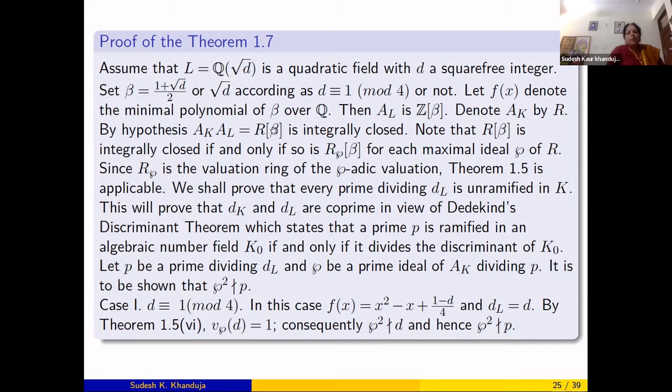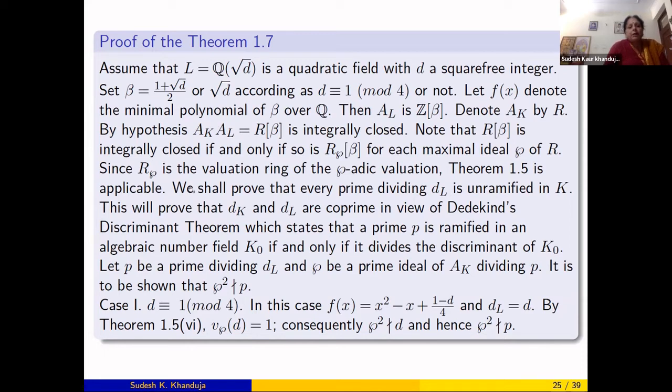Let f(x) be the minimal polynomial of beta over Q, and we know what f(x) is. f(x) is either x square minus d or x square minus x plus (1 minus d) over 4. Then AL, we know, is Z[beta], meaning 1, beta is an integral basis of L. Denote by AK the ring of algebraic integers of K. By hypothesis AK AL is equal to AKL, which is the ring of algebraic integers of the field KL, so it is integrally closed.